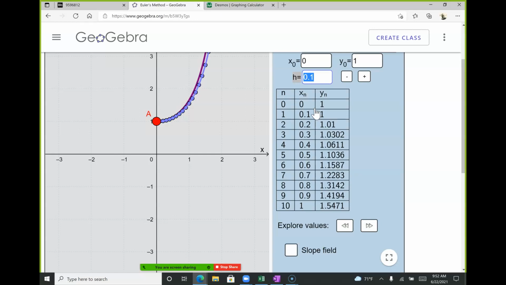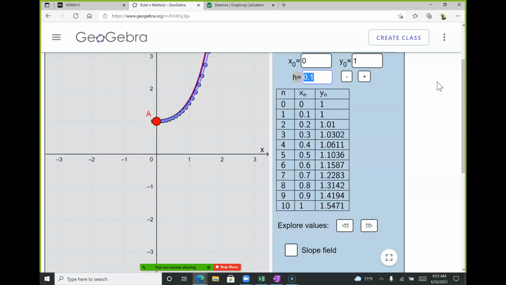So I'm going to do the same one on Excel right now. Look at my purple line, my initial value solution. Look at the blue line with the estimates. See how much closer it is now if I use an h of 0.1? Guess what this is doing? It's walking out delta x and delta y, and that's the tangent line.